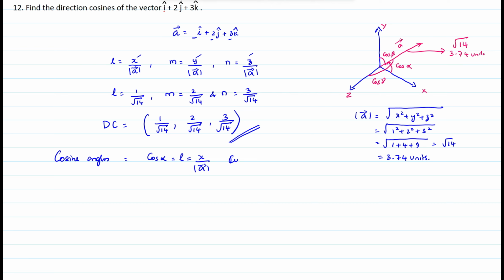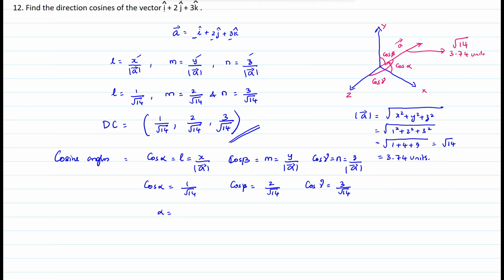In the same way, cos beta is equal to m, which is the y coordinate divided by the length of a vector, and cos gamma will be equal to n, that is the z coordinate divided by the length of a vector. Then if you substitute the values, cos alpha will be equal to 1 by root 14, cos beta is equal to 2 by root 14, and cos gamma is equal to 3 by root 14.